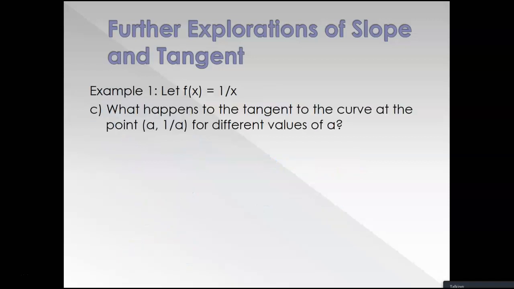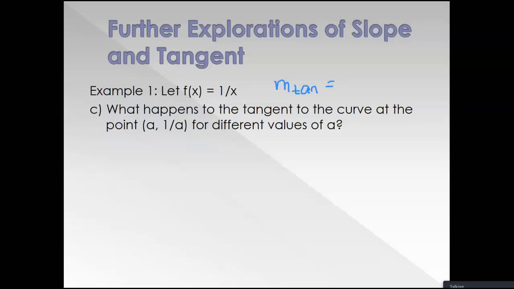And part C, what happens to the tangent to the curve at the point a, 1 over a, for different values of a? So this is kind of like question 19, part B. Can you tell me what that means? Well, let's think about what the slope of the tangent is.